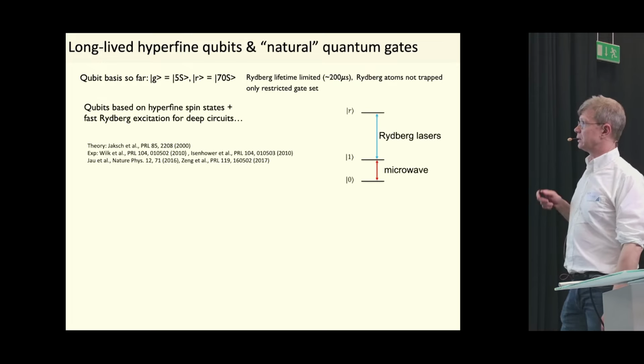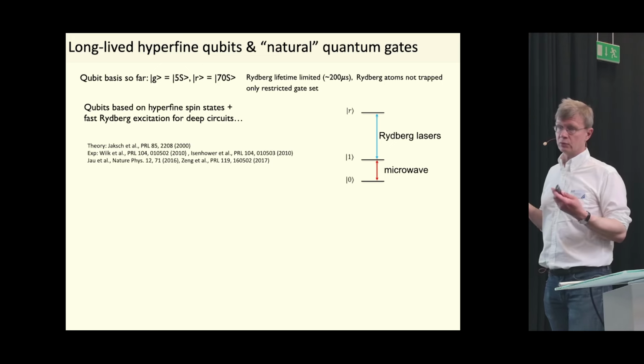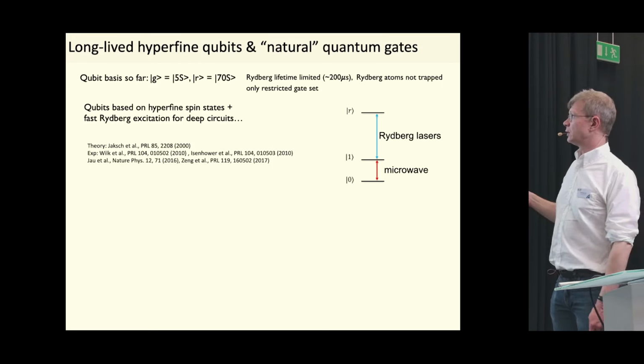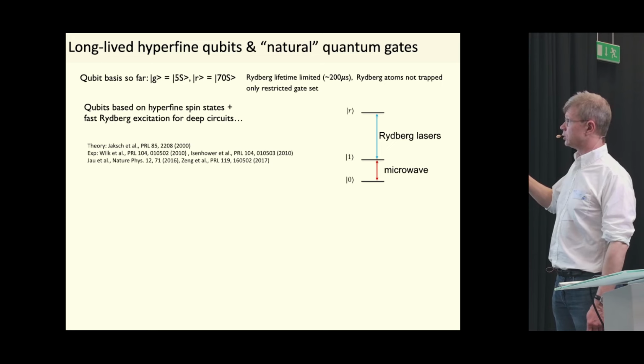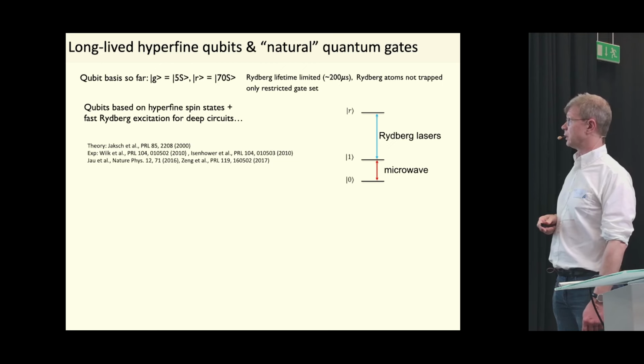But to really do quantum computing, you want to store qubits in long-lived states, for example, in these hyperfine states where the memory can easily be seconds, and only when you need to, excite atoms from the ground state to the Rydberg state with a short laser pulse.